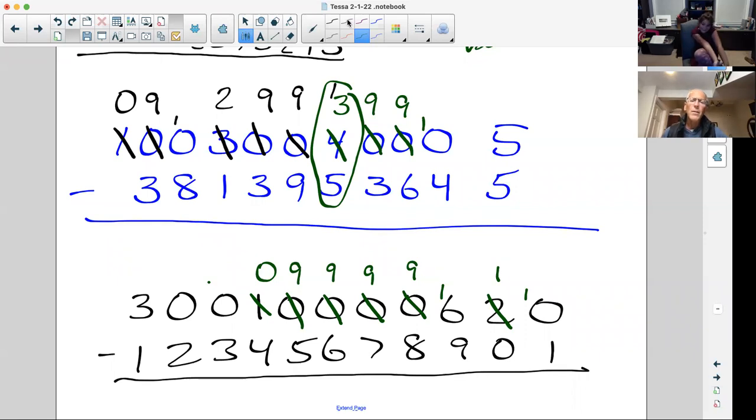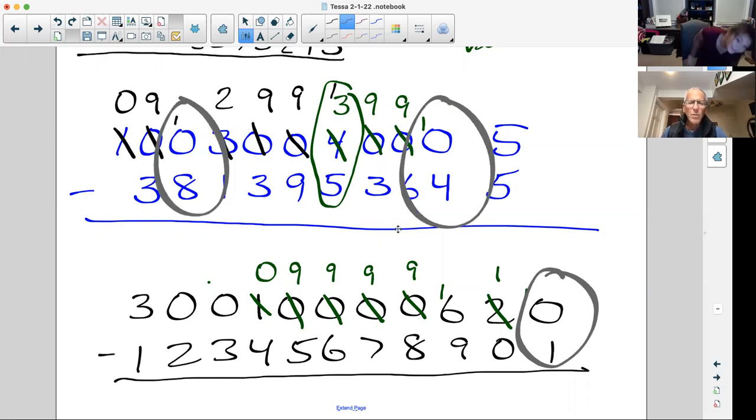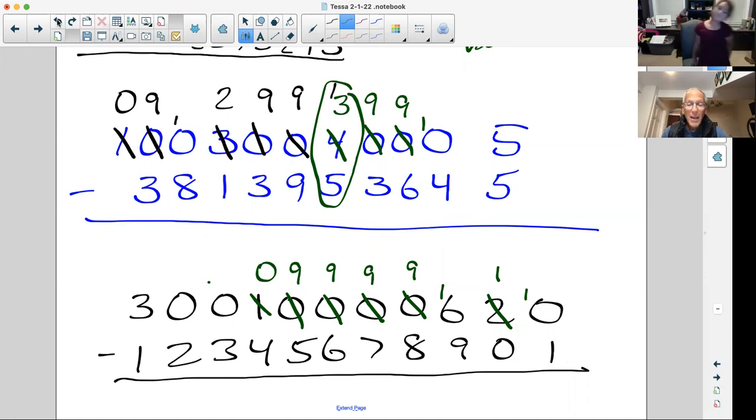Tessa, a 10, a 10, a 10. Tessa, what do you do when 0 is too small? You create it and make it a beautiful 10. Come on, Tessa, 2 minutes. Oh my gosh. And the 0 with the 3 under it becomes a 10.